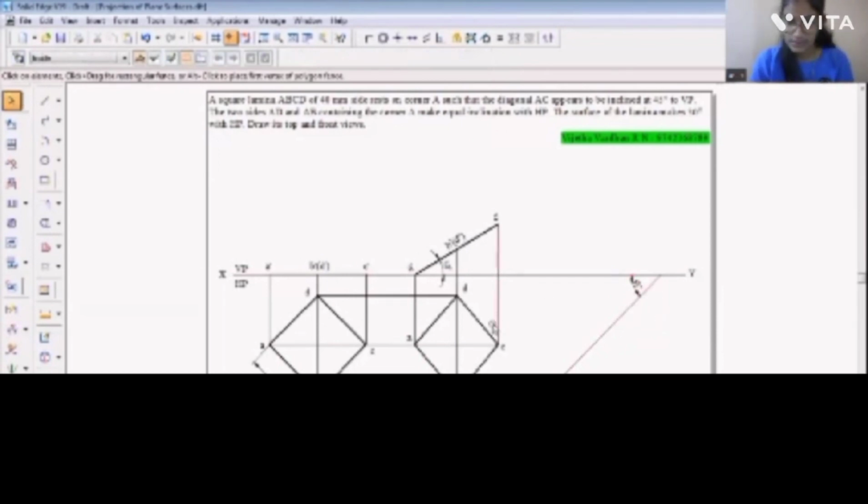And now we have to place the view such that AC must be inclined to VP. That is, the diagonal must be inclined to VP.